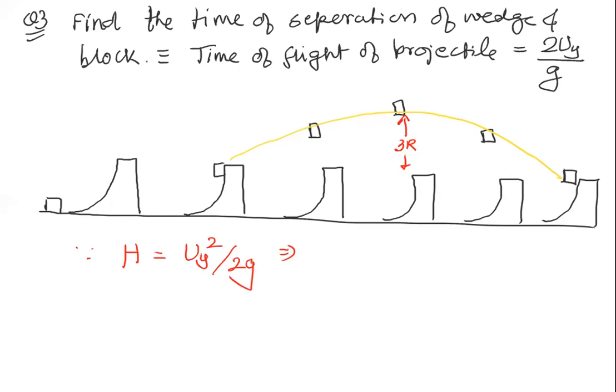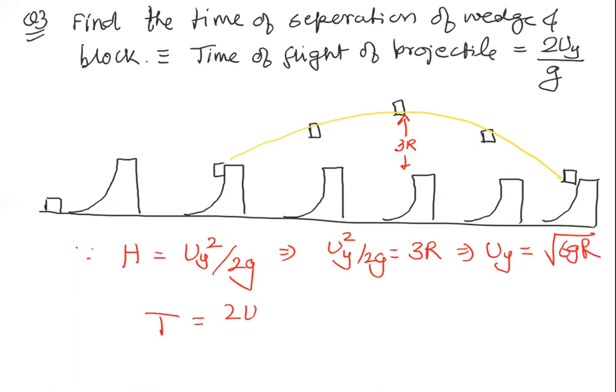This implies that uy square by 2g is equal to 3r. This means that uy is equal to root 6gr, and therefore the time of the projectile, which is 2uy upon g, will be equal to root of 6r by g. End of statement.